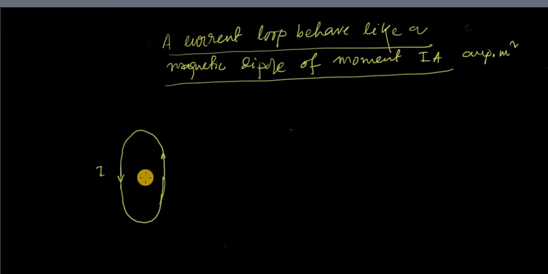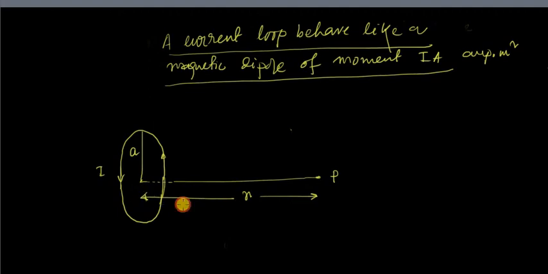Suppose the current is I, and the radius of that loop is A. Now on the axis we have a point P, which is at a distance r from the center of the coil or loop.